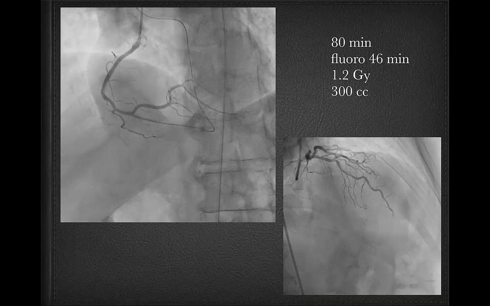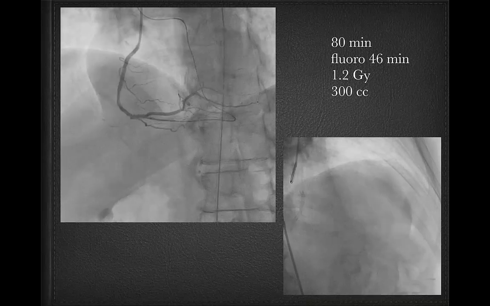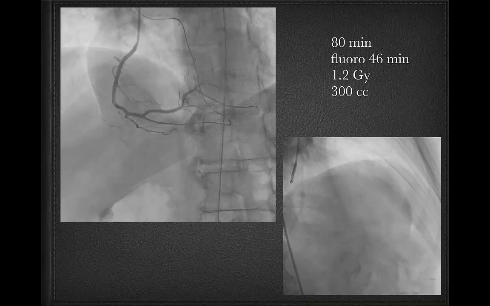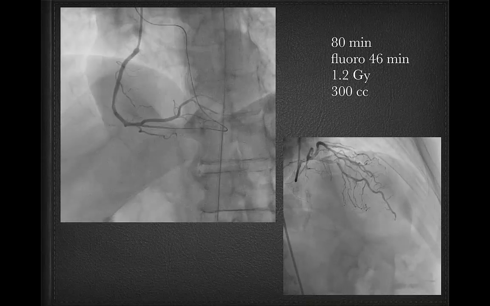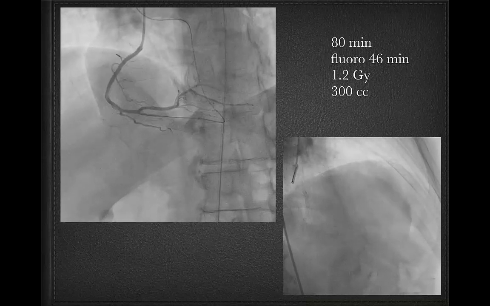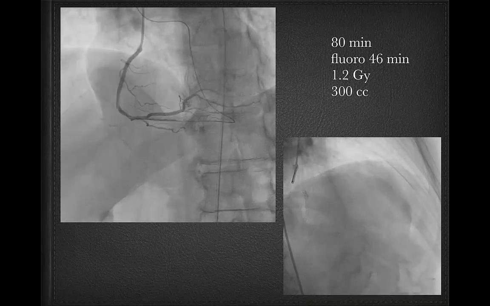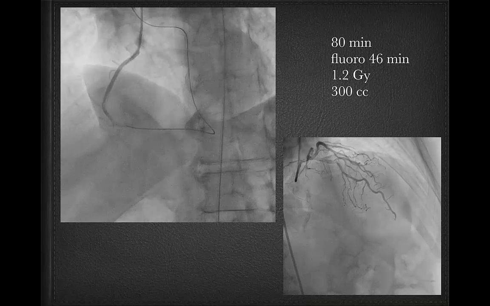And this is the final result. The time of the procedure was 80 minutes. You have all the data for this patient: fluoroscopy time, contrast, and radiation.